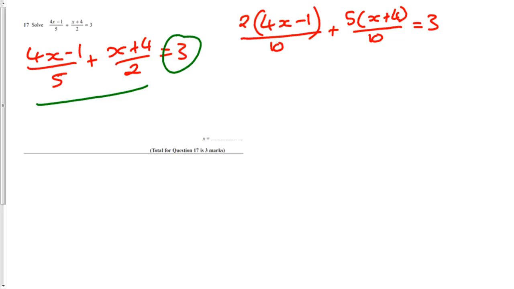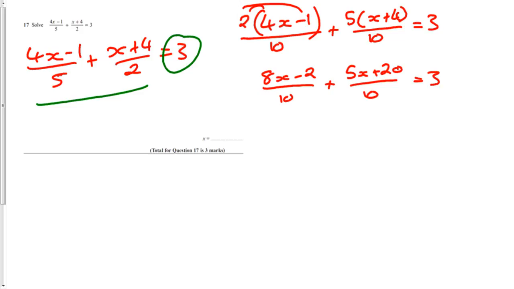What we're then going to do is multiply out and simplify the brackets. So if we multiply out and simplify the brackets here, 2 lots of 4x, 2 lots of minus 1, it's going to be 8x minus 2 over 10. If we do the same with the right hand side, we've got 5x plus 20 over 10. Again, that equals 3, remains there.